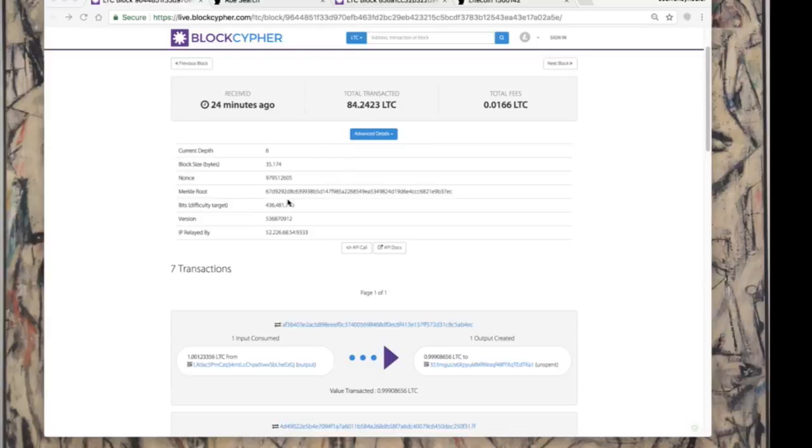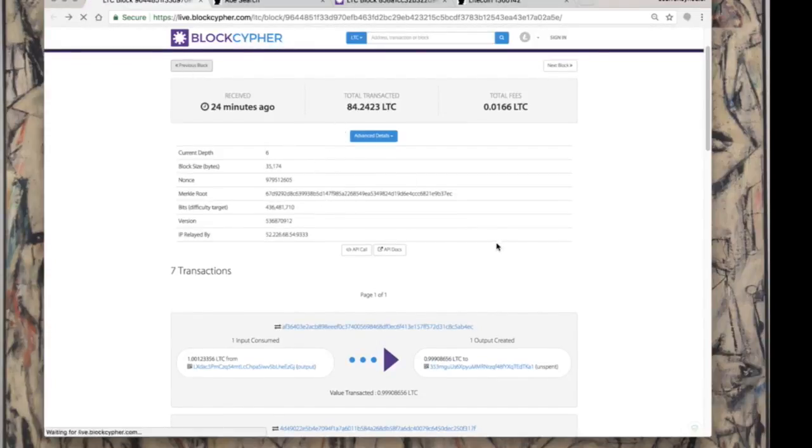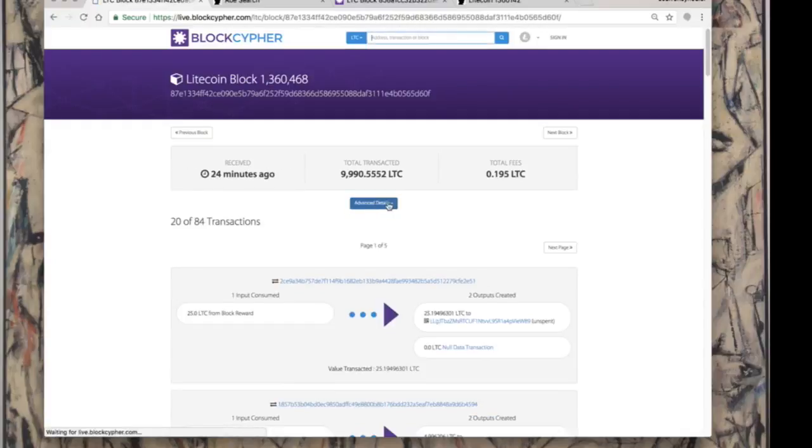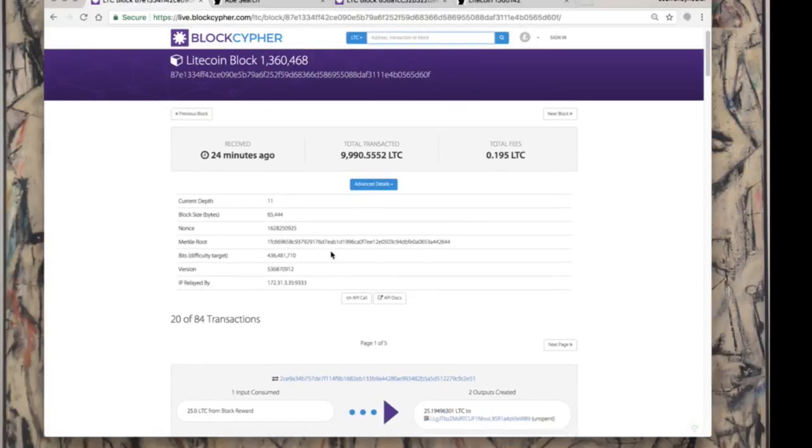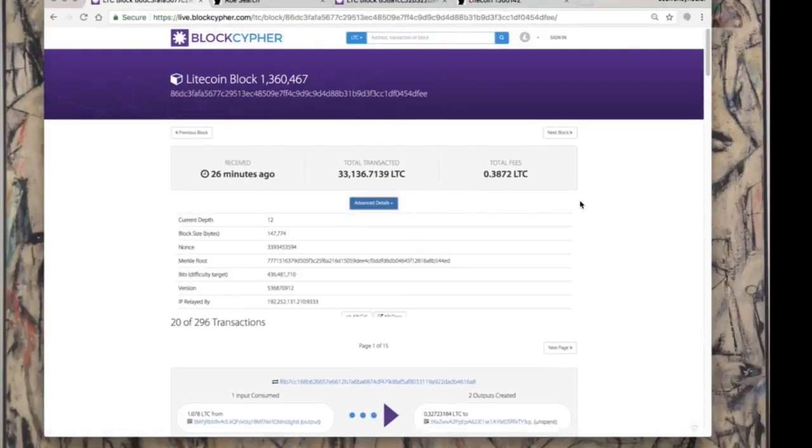And then difficulty, let's see, bits. Difficulty is the current difficulty of the block. If you look at different blocks, you'll see that it's the same, 436481710. If you look at another block, it'll be the same.